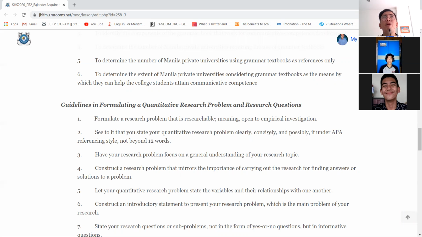For example naman class, pwede man class actually magamba kita how many students are having mental problems because of online classes. If that is the research problem, you will have some difficulty measuring it because later on in your panel defense, kung mamangkot ang panel, what was your means, kung paano nyo gin-measure ang mental problems ng isa ka tao.